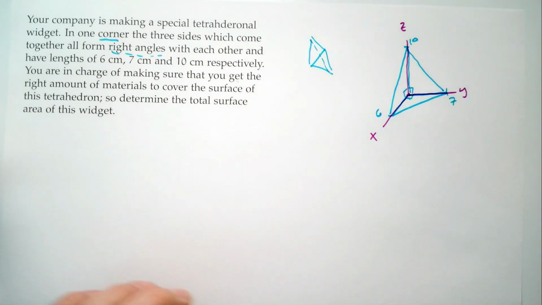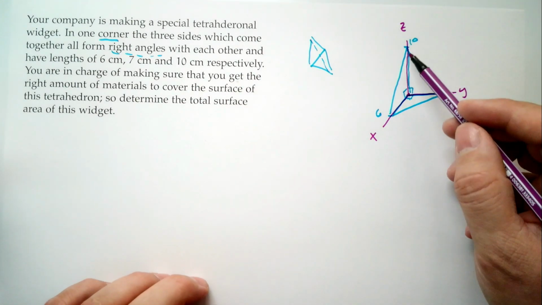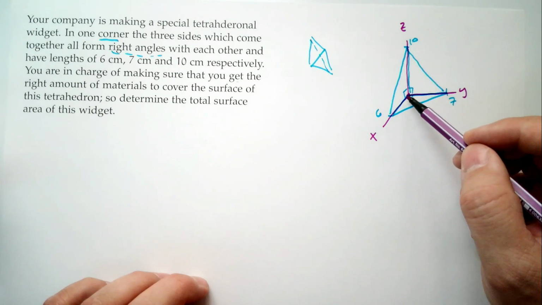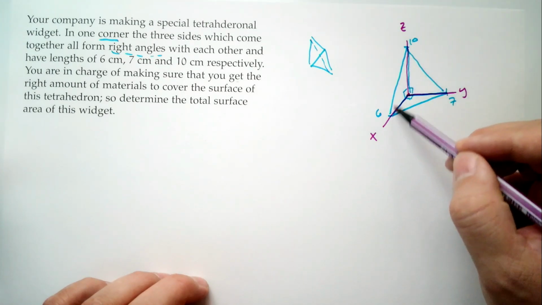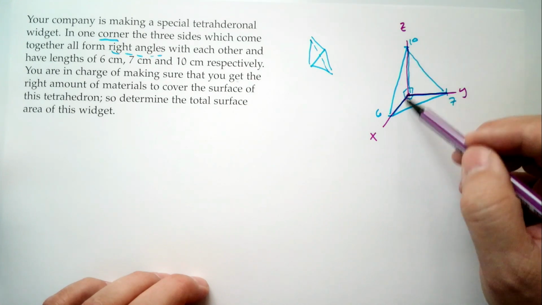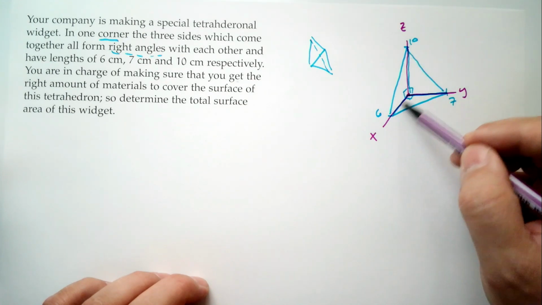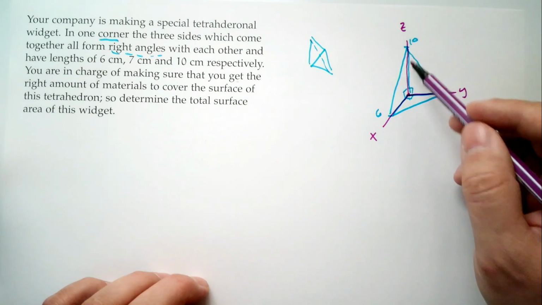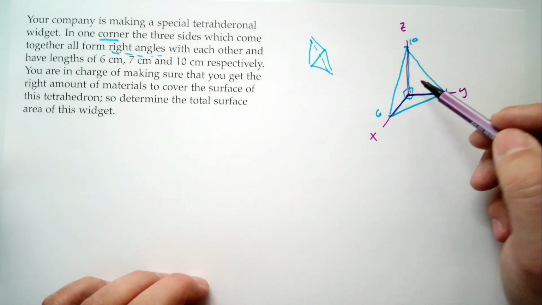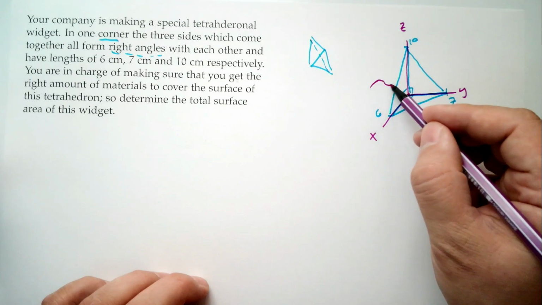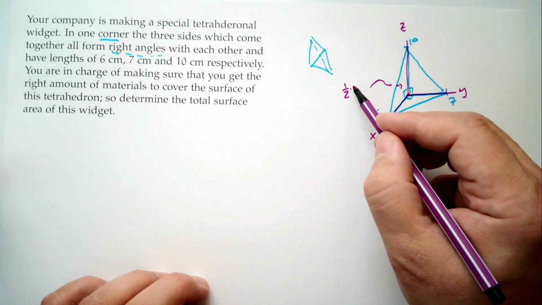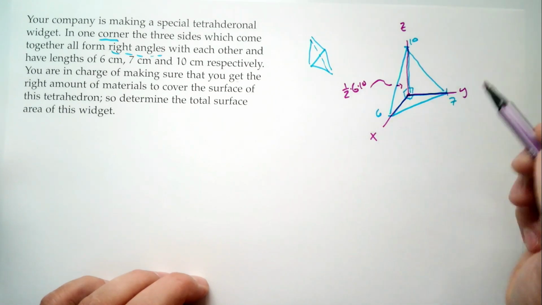Some of these triangles are pretty easy, because the three back triangles are all right triangles and they all have nice lengths. For example, this triangle on the back side has one length, which we can call the base, of length 6, and the other, which we could call the height, is 10. So that area is 1/2 times base times height.